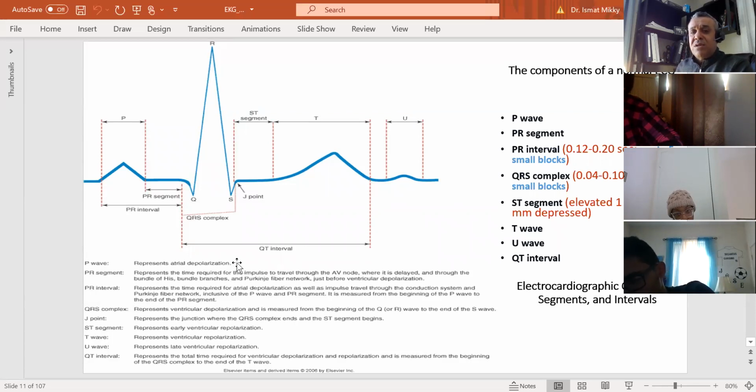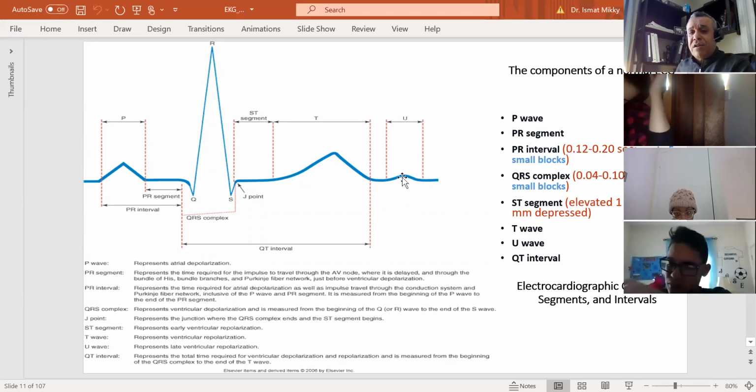Repolarization, which is the relaxation, is the U wave right here. The last section of the EKG cycle is the U wave, and it represents the late ventricular repolarization, which is the relaxation of the ventricles to give them time for the filling phase.